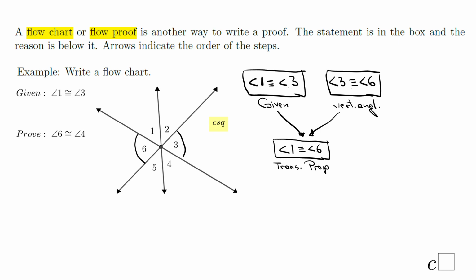Okay, now I'm going to write another statement here, which is angle 1 congruent to angle 4. And if you remember, the reason for that one was that those two angles are vertical angles.